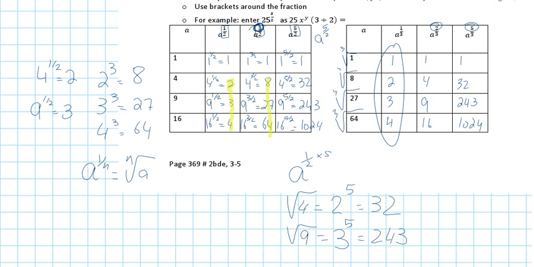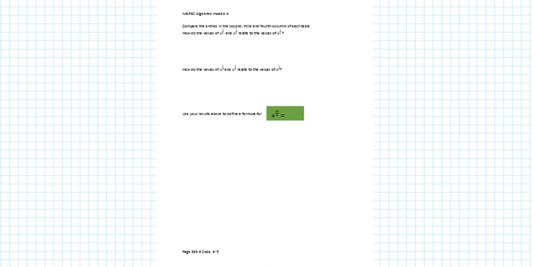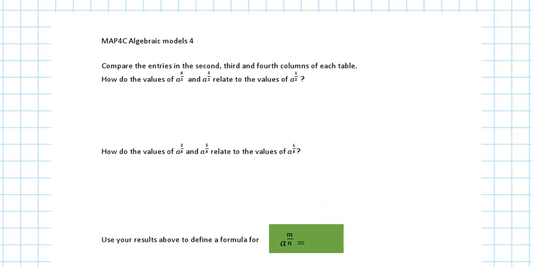So what's happening here is the following. a to the power of 3 over 2 and a to the power of 5 over 2 are equal to a to the power of half, right?